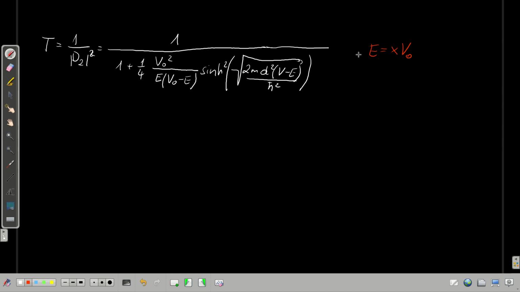So we are expressing E as a fraction of v naught. Or x is the ratio of E divided by v naught. So this gives us now the following expression.